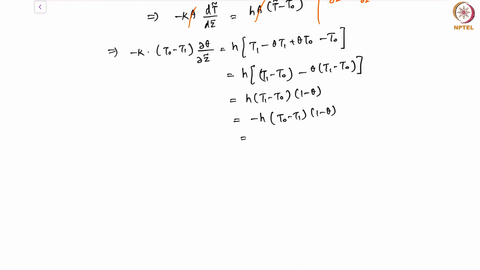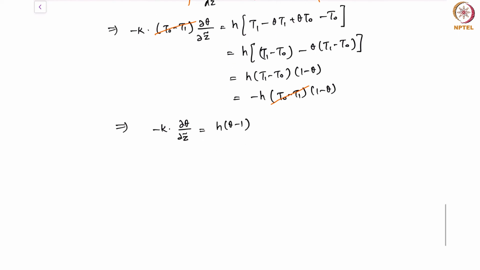or so let's now put everything together. We can cancel out on the left and right hand side T0 minus T1, we can cancel these two out, and what I have is minus k del theta by del z hat is equal to h times theta minus 1.